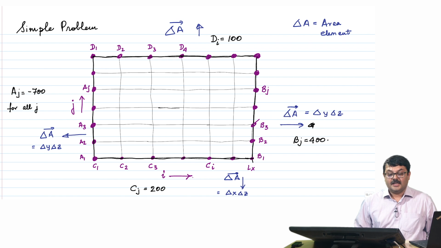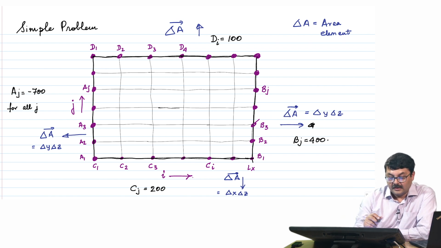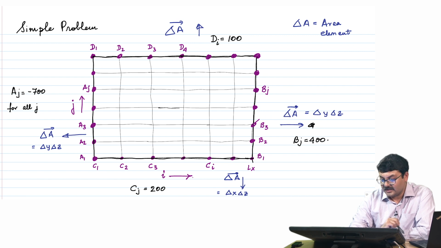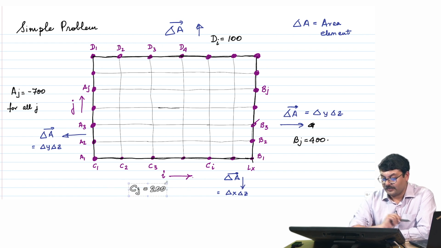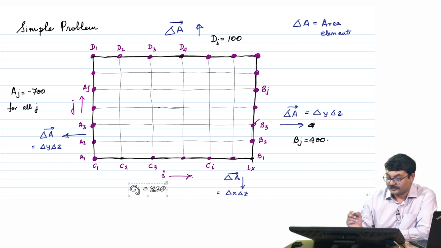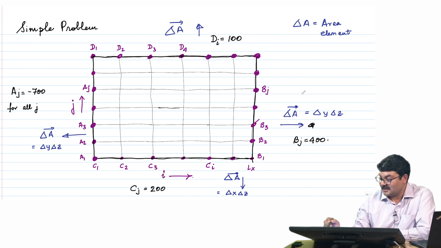And what we shall consider is a simple problem where the A j across for all values of y is minus 700, along this boundary it is 100, and along this boundary it is 200. So, basically heat is coming in here, and the B j is 400.